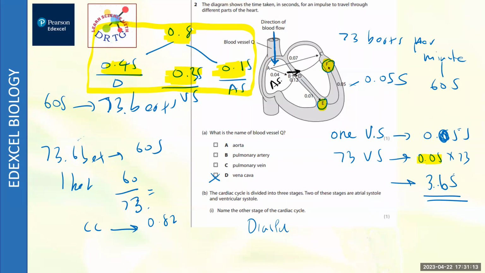So the atrium contracts and blood empties into the ventricles. So there is a time for that. Then the ventricles start to contract. So here it slows down and then it goes on. The contraction signal goes first to the atrium, slows down here, and once the atrial contraction is over, then the ventricle contracts.